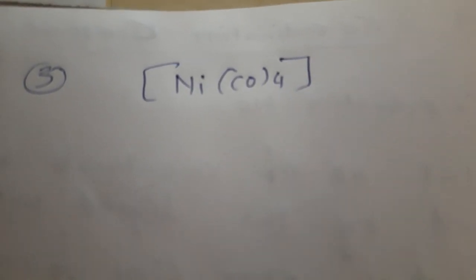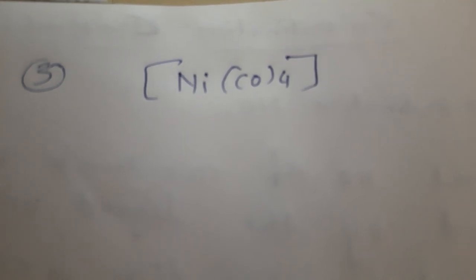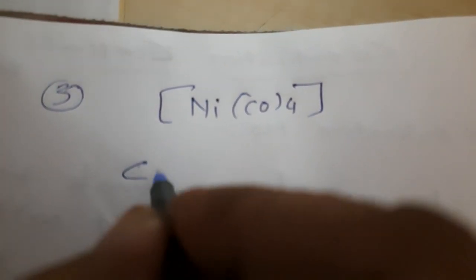The third example I'll show you, nickel tetracarbonyl, Ni(CO)4. So here you have to find out the coordination number of nickel. So we know that CO, ये O capital आएगा ना, CO is unidentate.